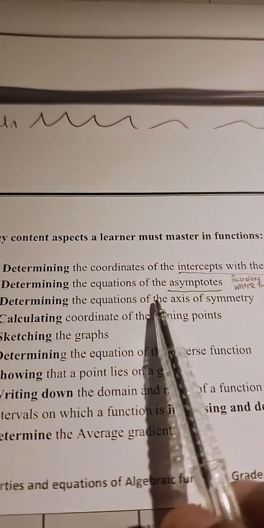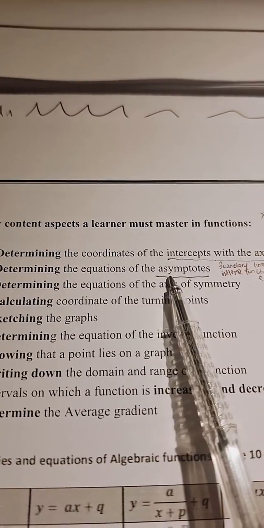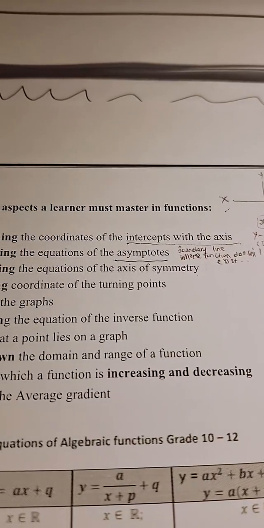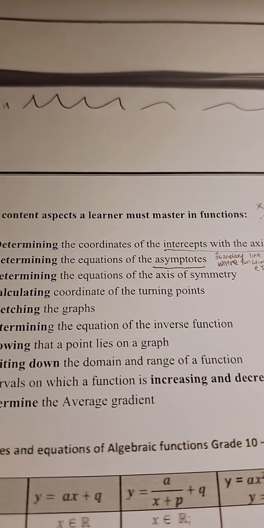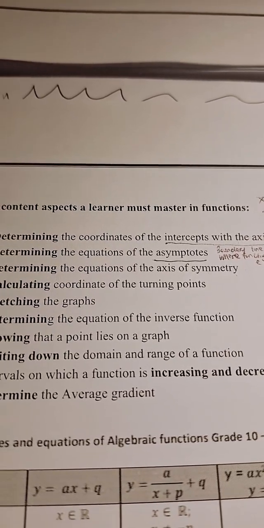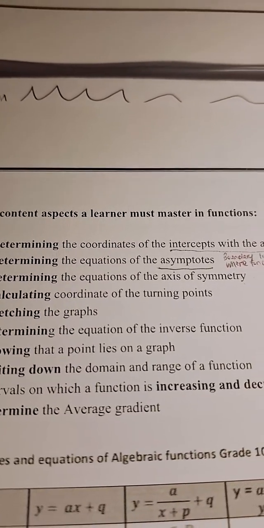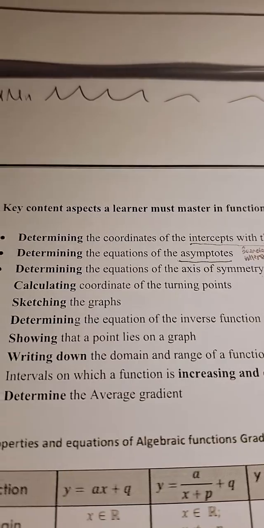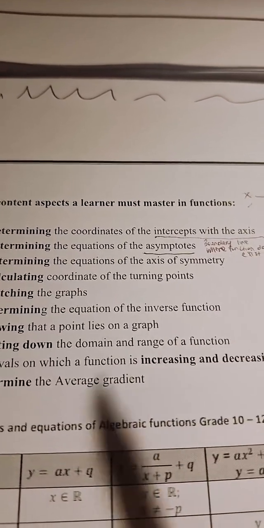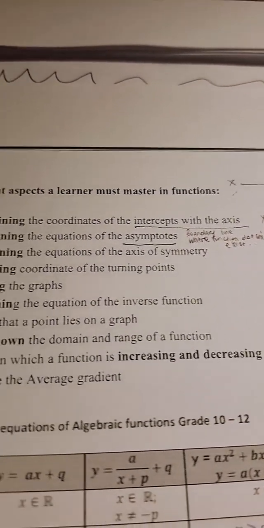So asymptotes have boundary lines, which we call your functions, your hyperbola and your exponential function have boundary lines, and these basically define where the function is supposed to exist and not exist. But exactly on the boundary line, the function does not exist. Okay, so we need to always be mindful of that. What is an asymptote? It's a boundary line where the function doesn't exist.